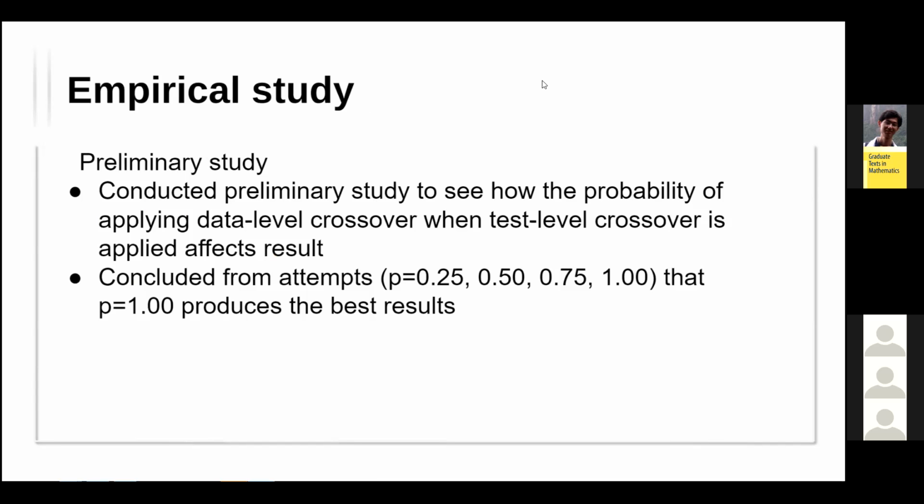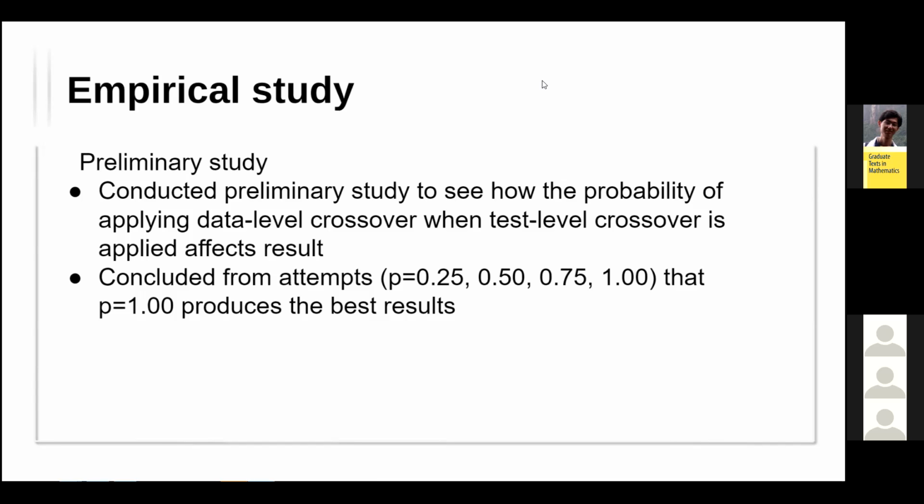So according to Darien, in this work, they also provide a new crossover operator called the data level crossover operator. But this operator will only be applied when they're applying test level crossover. And here P is the probability to apply data level crossover when the test level crossover happens.